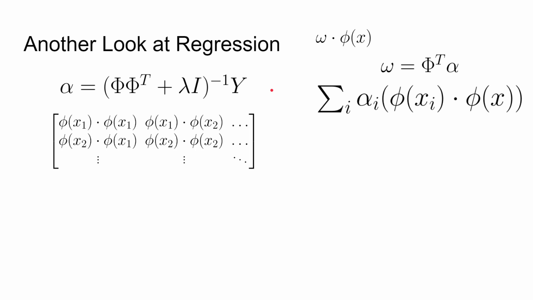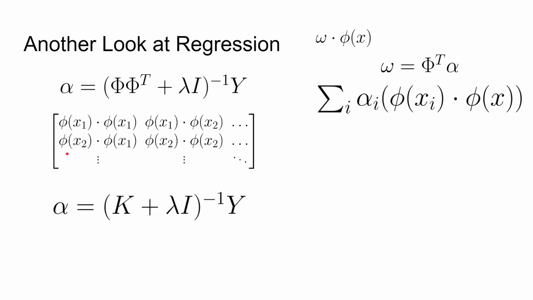All right, this bit over here is looking kind of familiar. And maybe you can get a sense of where we're going here. Indeed, if we look at this matrix, this phi transpose thing, what's that? That ends up being an n by n matrix where each element is the dot product of the phi's for each of my points in my training data.